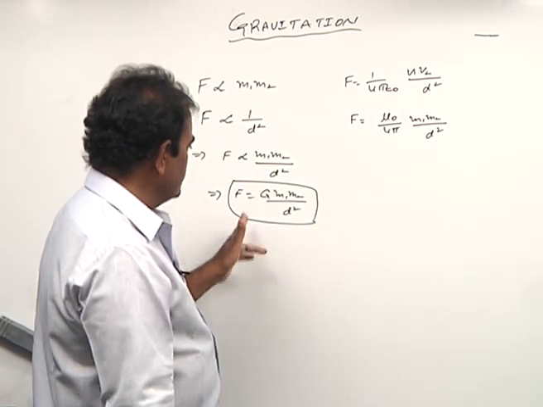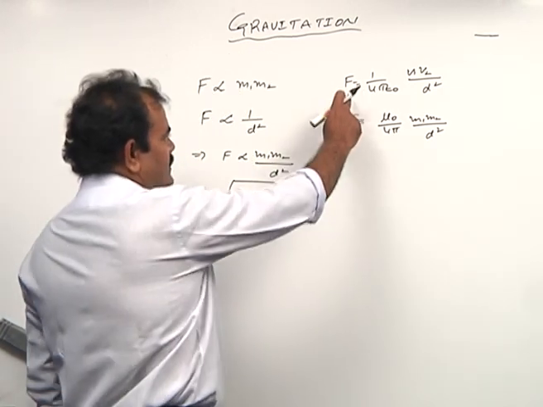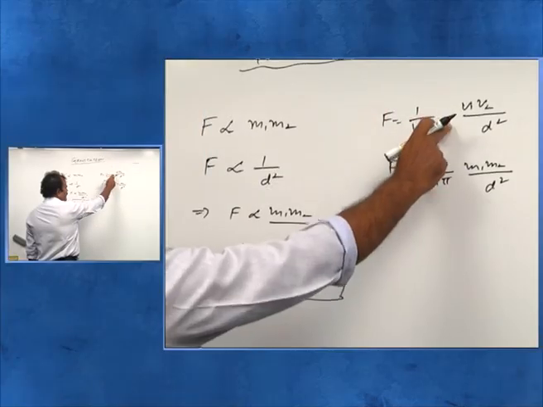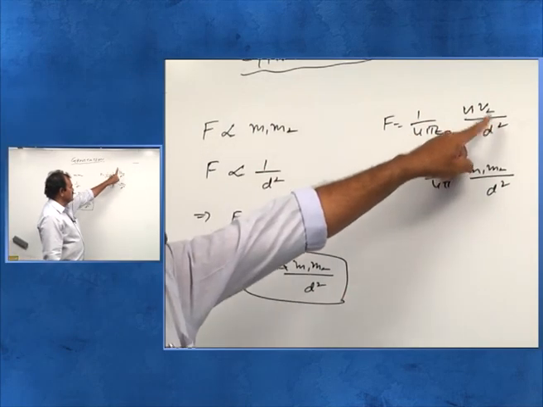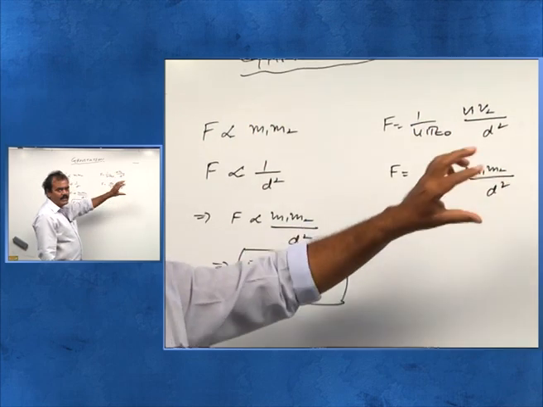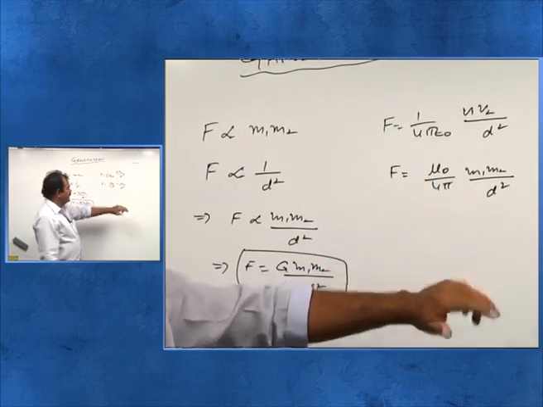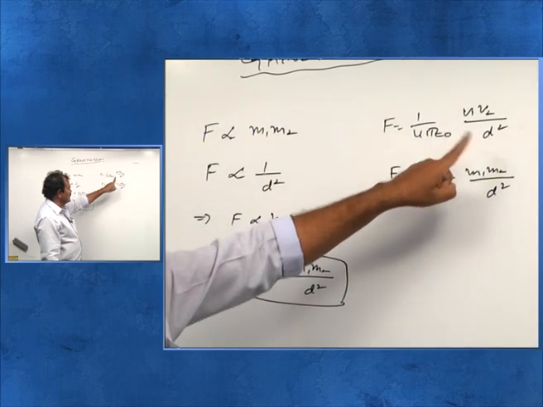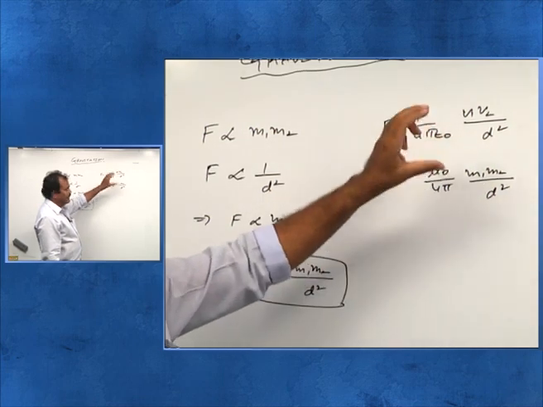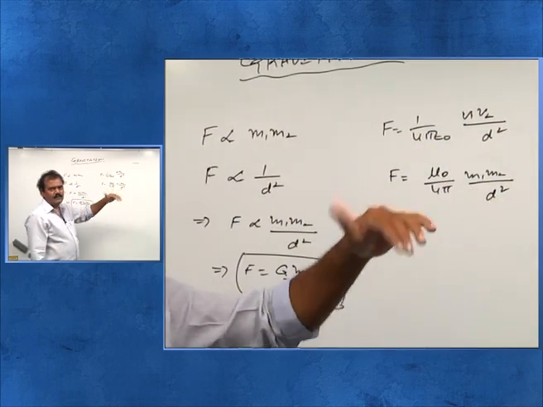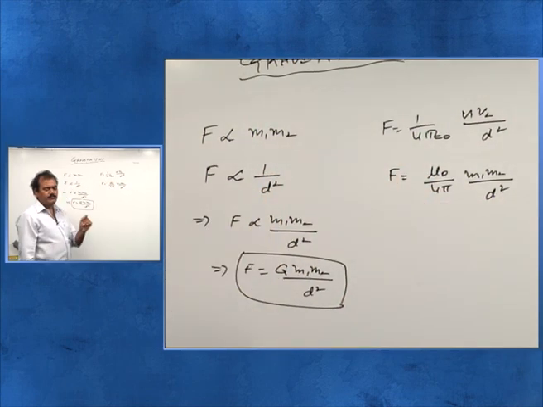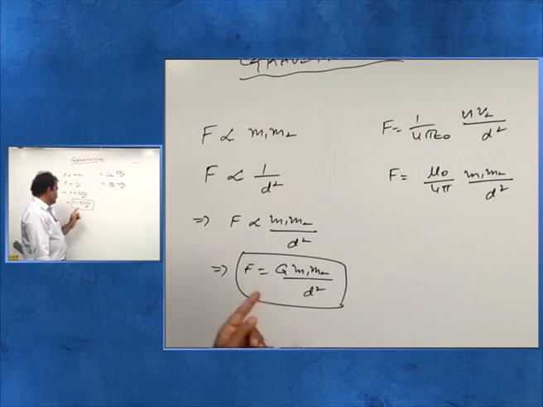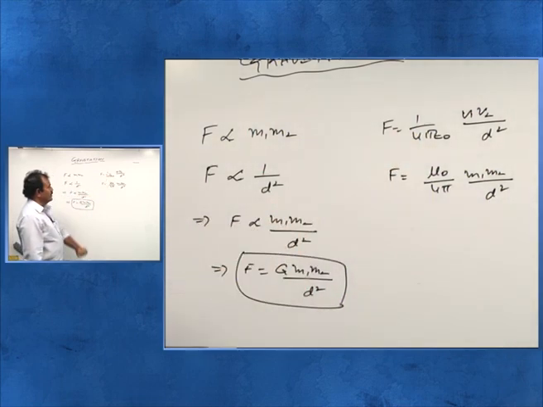Whereas in the other cases, between two like charges or two like poles you can have a force of repulsion, and between unlike charges or unlike poles a force of attraction. That is the basic difference which separates the inverse square law of gravitation from the other two laws.